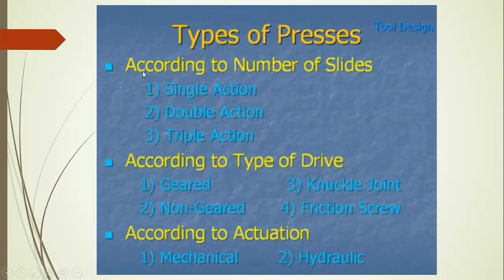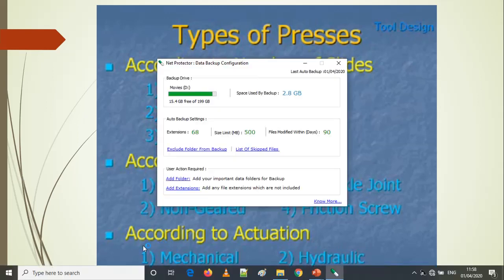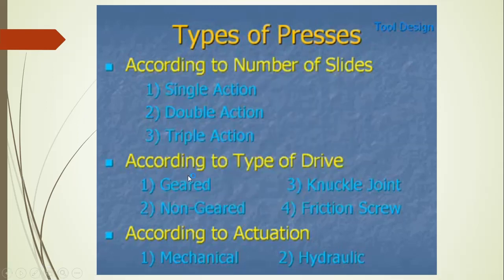Next, presses are also classified according to number of slides, that is single action, double action and triple action, and according to type of drive, that is geared, non-geared, knuckle joint, friction screw. And a very important part we have to study, and also observe in industries, whenever we visited Anusaya press, is the classification according to actuation, which is mechanical and hydraulic.